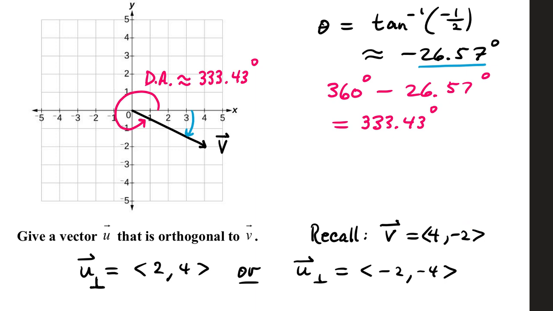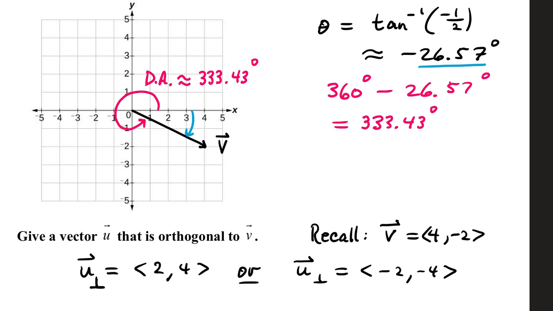I swap the order and I take the negative off the 2. This is one vector, 2, 4. Follow my highlighter from the origin to 2, 4. That makes a 90-degree angle with this vector.